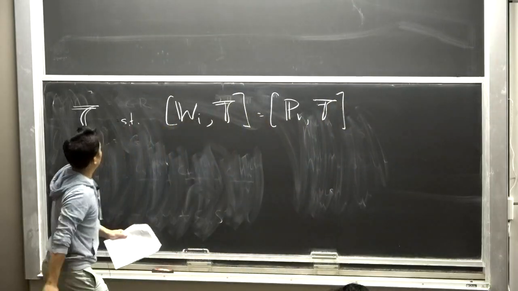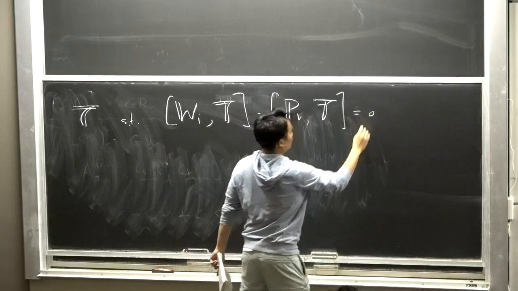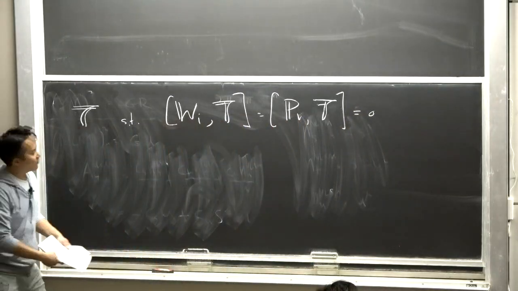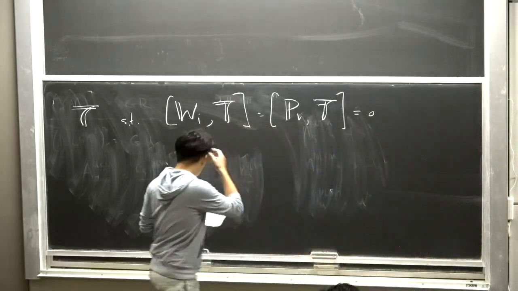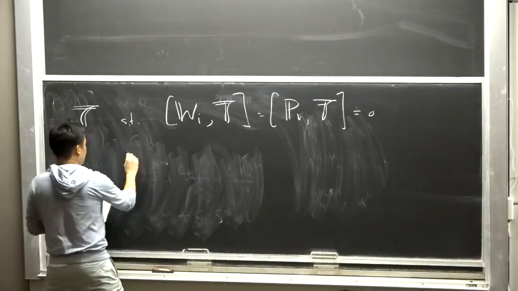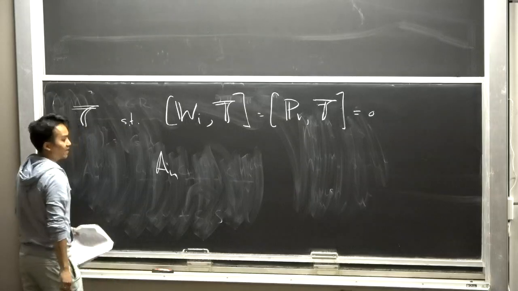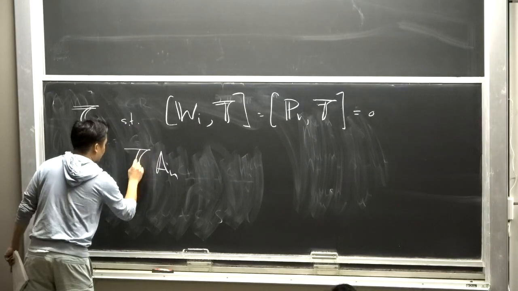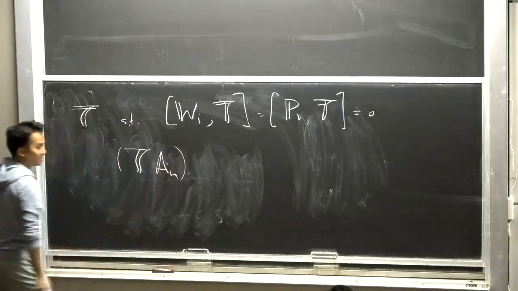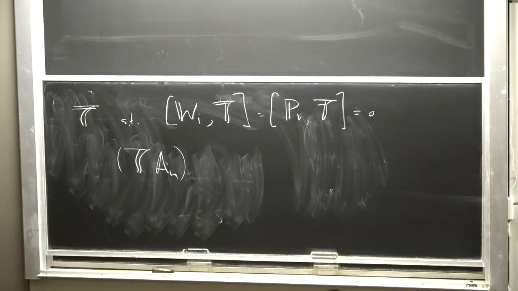If these are 0, if it commutes, and whenever I say commute, I mean commutes up to things that will be 0 once you hit an actual amplitude, then the following is true. This is just me saying what I just said here. Take an amplitude, take some physical scattering amplitude, and hit it with this thing. I made a new object. You could ask, does this thing satisfy the Ward identities?